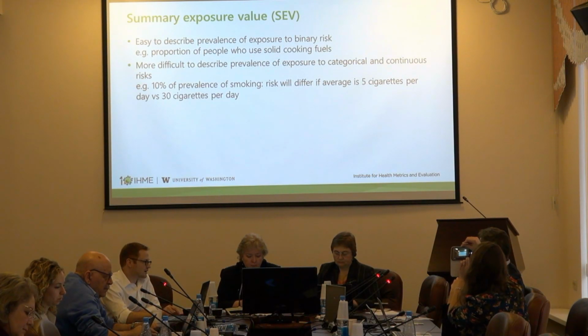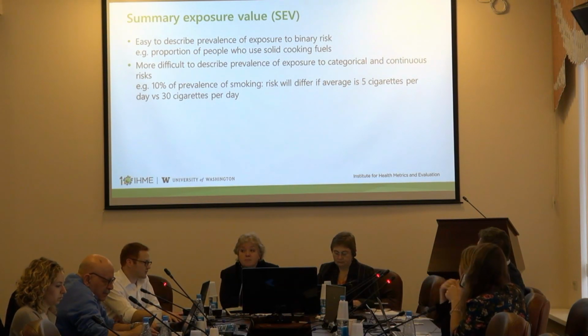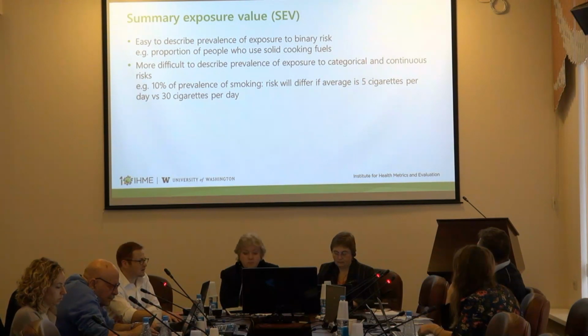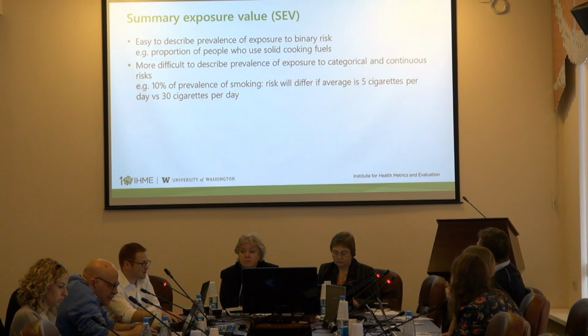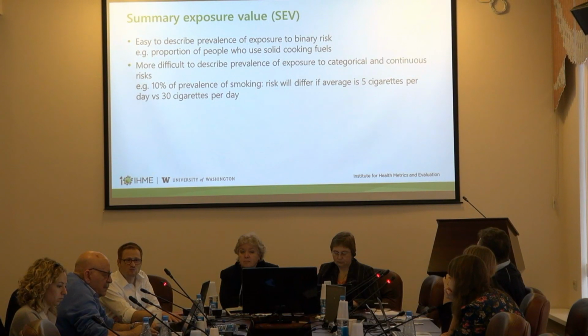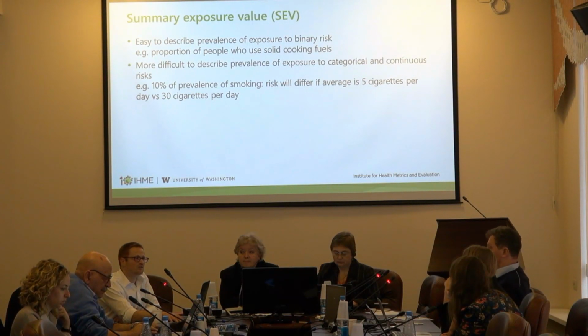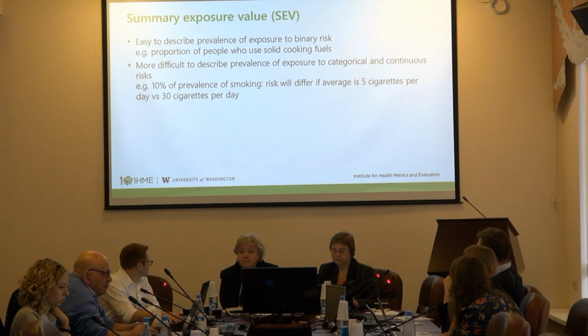I can tell you that 10% of the population smokes, but what does that mean for risk? It matters a lot depending on how much they smoke. If 10% of the population smokes, on average 5 cigarettes per day, that's a very different risk profile than if 10% of the population smokes an average of 30 cigarettes per day.